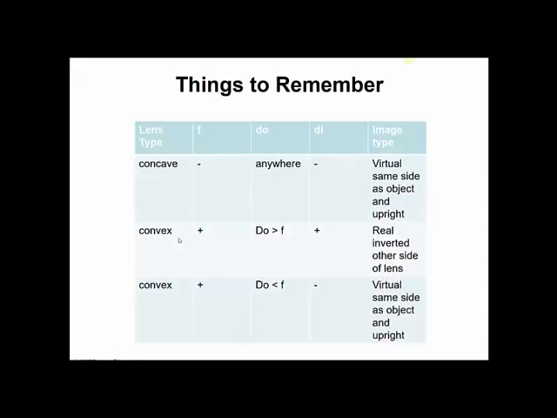The convex lens, which converges light, has a positive focal length, and it will have two different images form. If the object distance is greater than f, it'll make a real, inverted image on the other side. But if the object distance is less than f, it'll be virtual, on the same side, and upright. So this looks very similar to the mirrors, but it's a good thing to go by, and I would definitely copy it down for both mirrors and lenses.